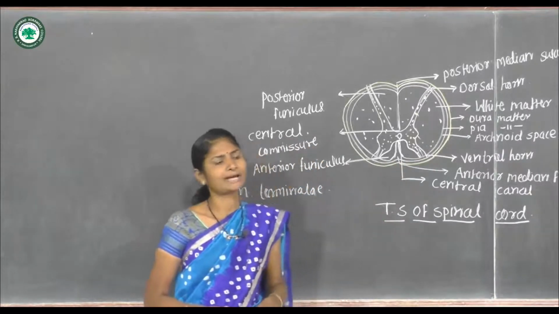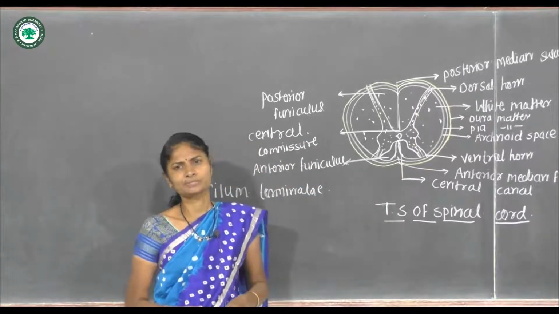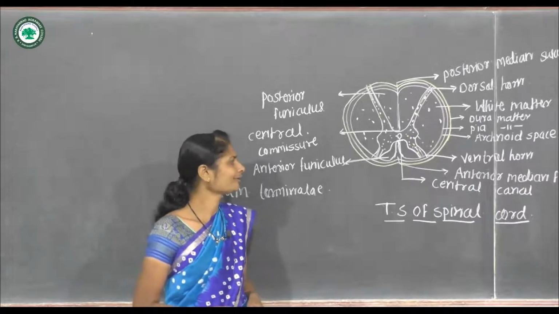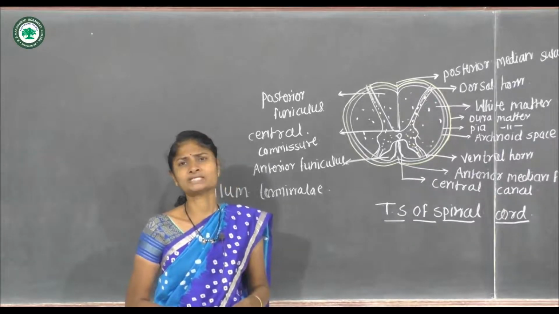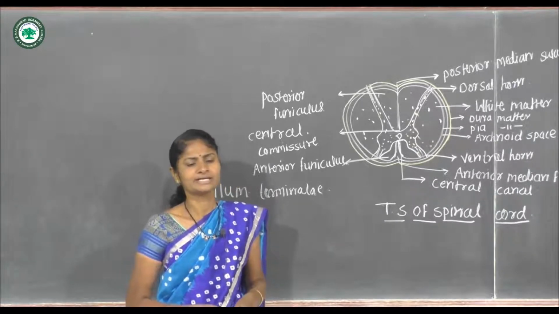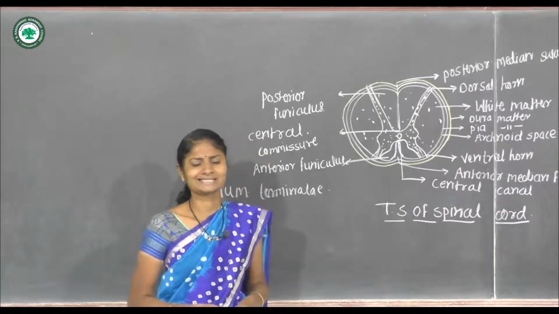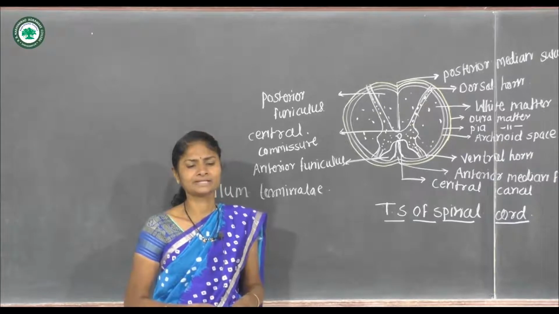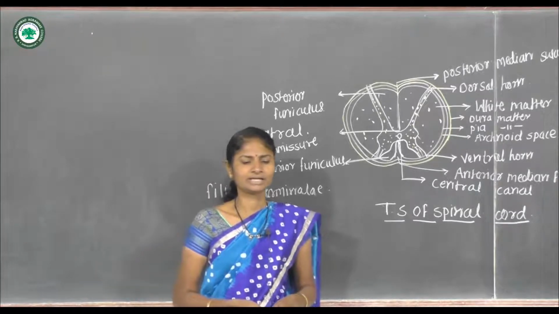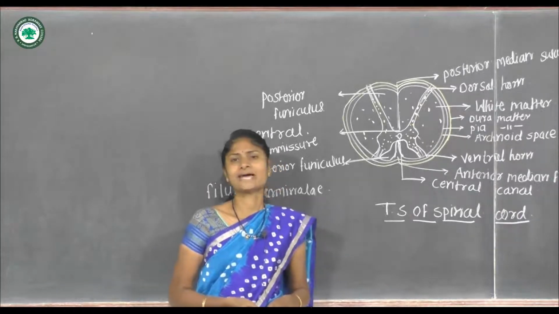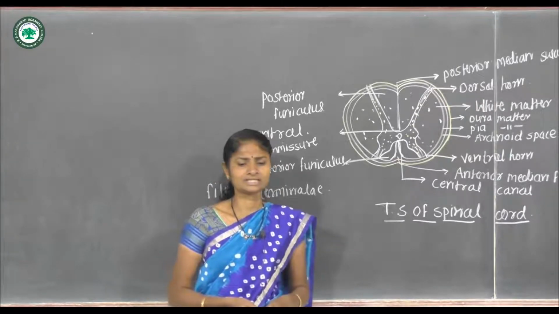Now the microscopic structure of the spinal cord. When we observe it in transverse section, it appears oval in shape and slightly more flattened on its ventral surface than on its dorsal surface.